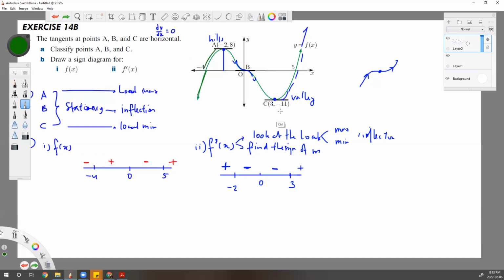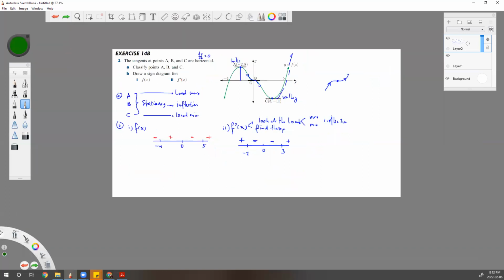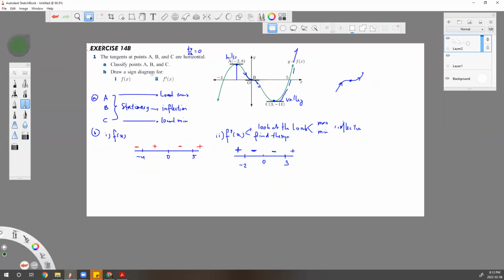Okay, any questions so far for question number 1? This is only the application. You just have to look at these 3 kinds of stationary point: local maximum, local minimum, and also inflection point.